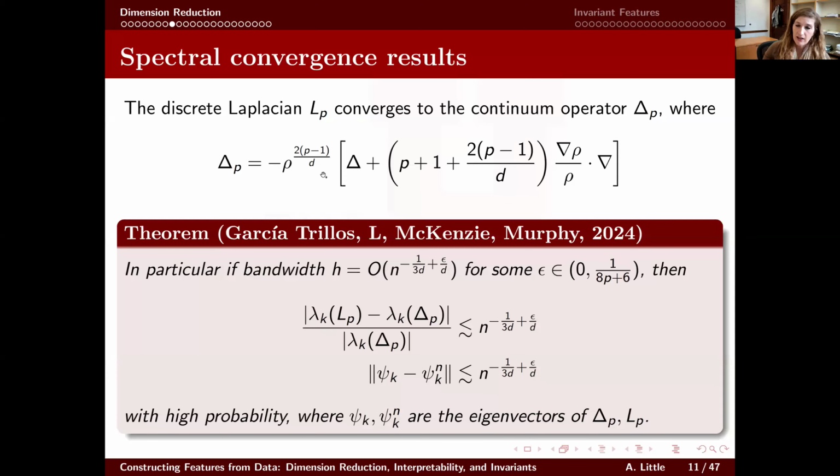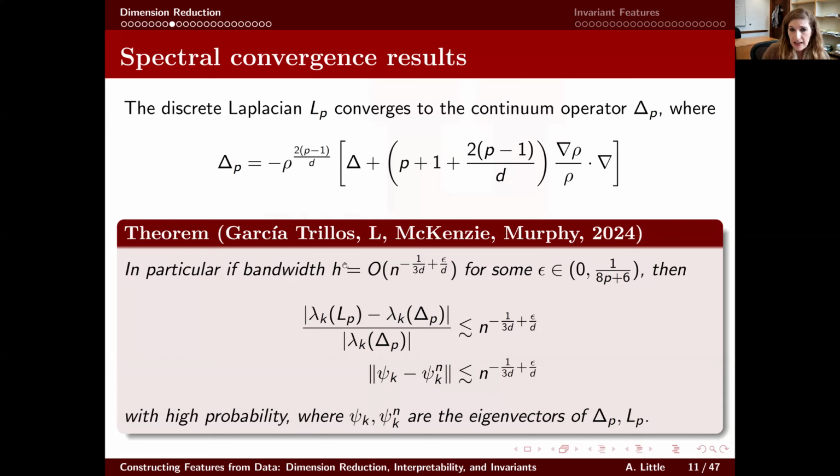So then there's many ways that you might quantify what it means to converge to this operator. But in one of our recent papers, we established spectral convergence for the low frequency eigenvalues and eigenvectors.